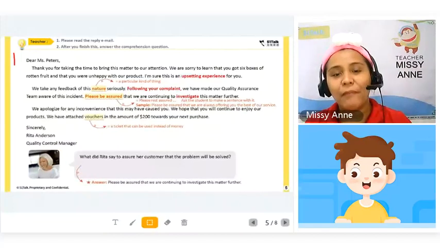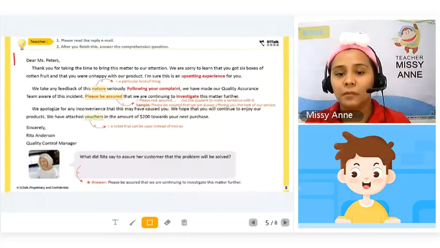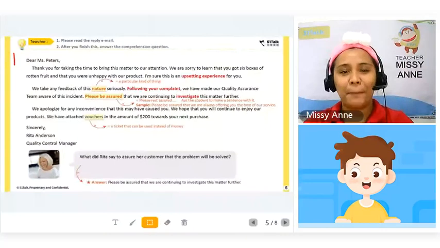I think Rita gave the Peters feedback, gave a positive feedback to the Peters and wrote some compensation.